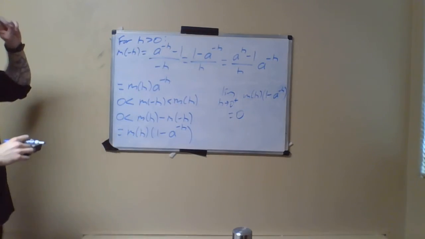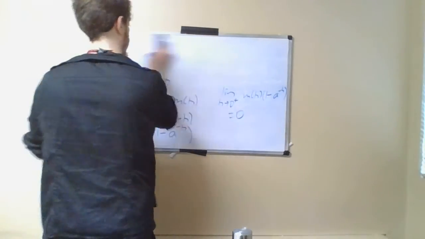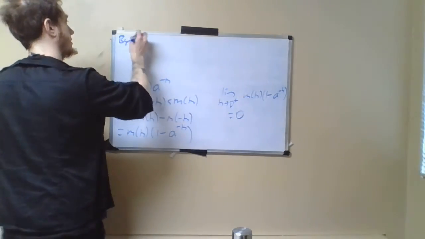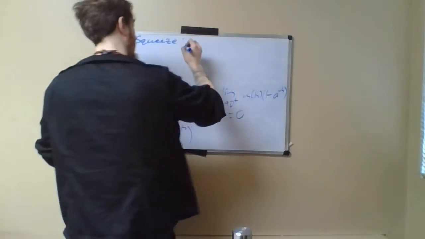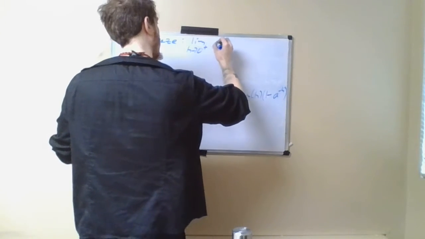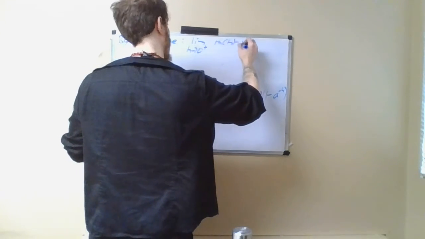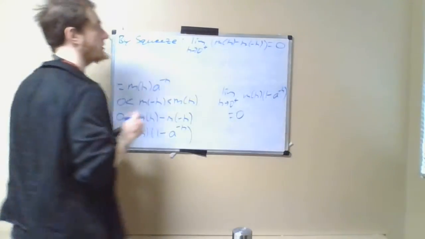But then, by the squeeze theorem, or sandwich theorem as it's known, this means that the limit as h goes to 0 from the right of m of h minus m of negative h is equal to 0.